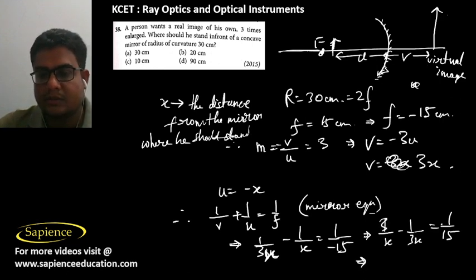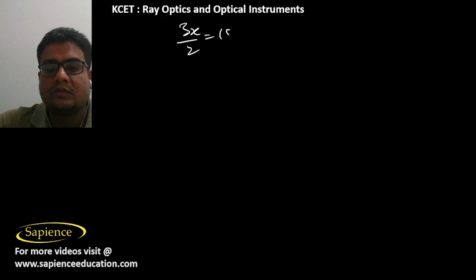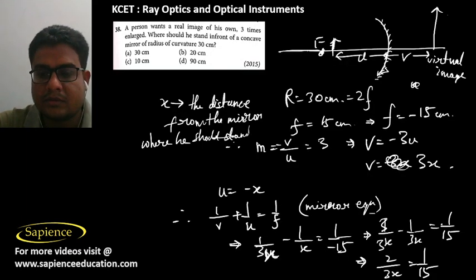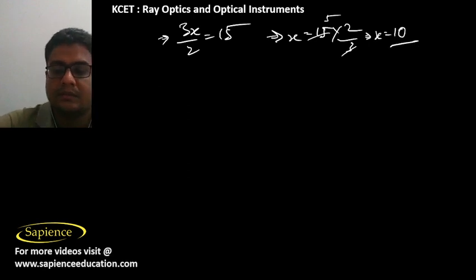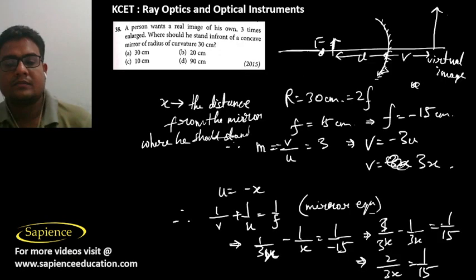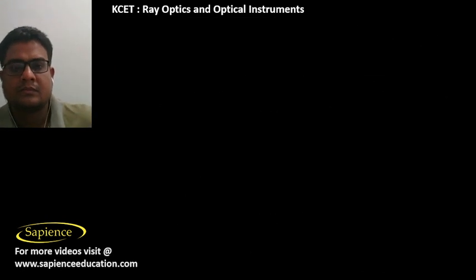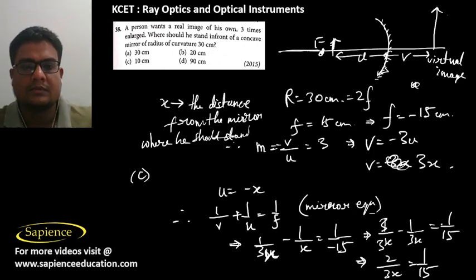So this is 3 by 3x, 2 by 3x is 1 by 15. So 3x by 2 is 15. So x is equal to 10 centimeter. So option C is the correct answer.